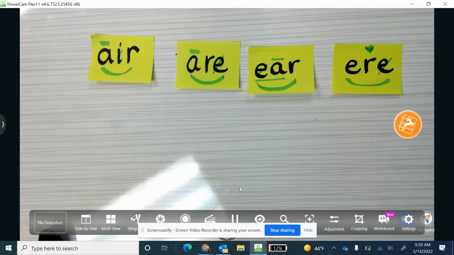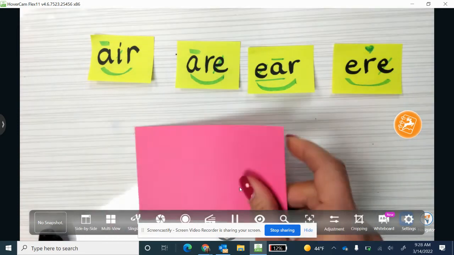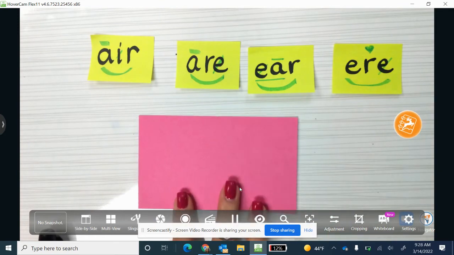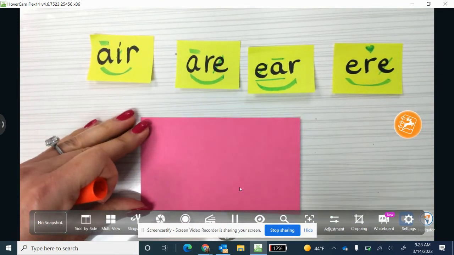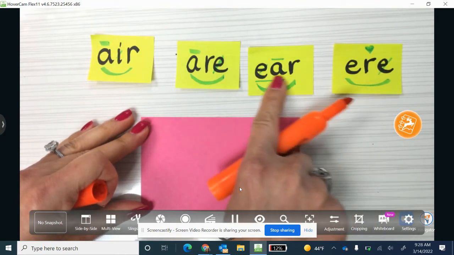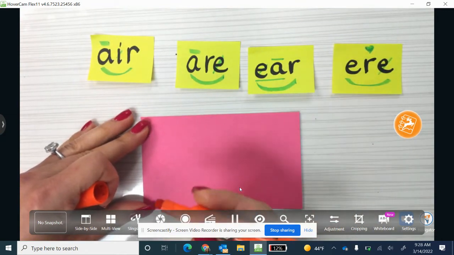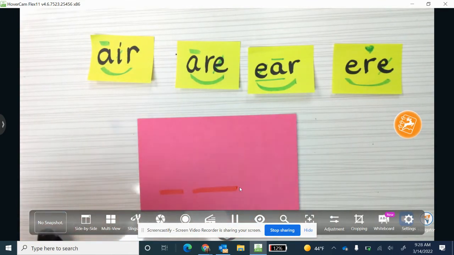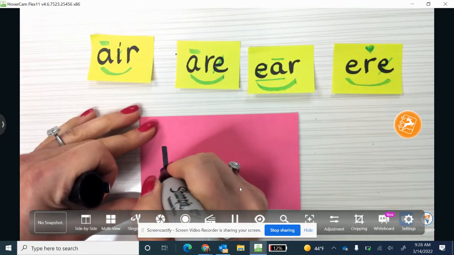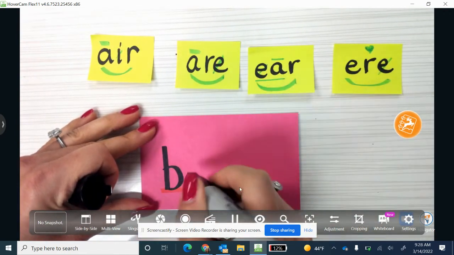Number 7 is bear. They saw a black bear in the forest. Now, bear is also a homophone. We'll talk about that in just a second. But a bear in the forest, we are referring to this spelling pattern, the EAR.